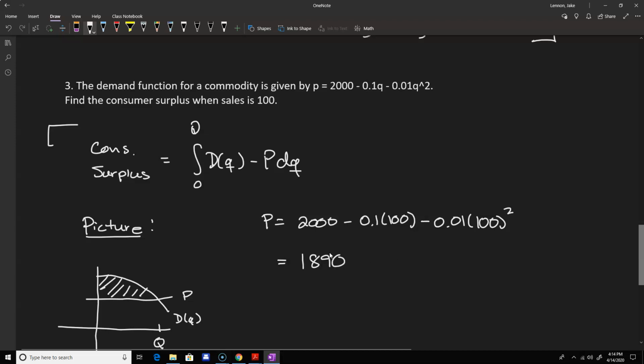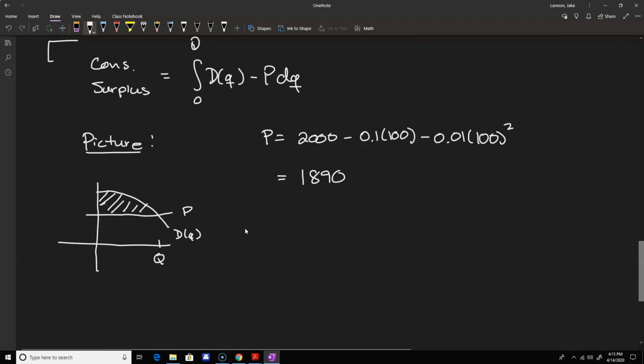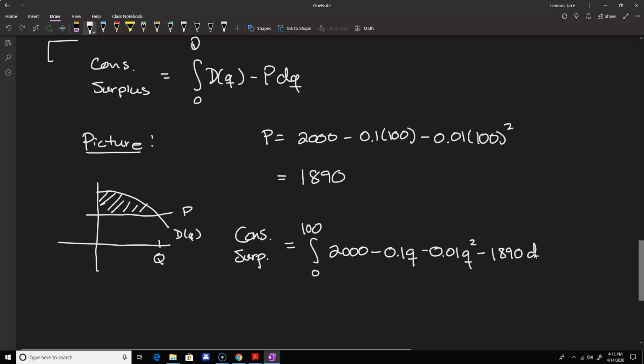So now we have the ingredients that we need to set up our consumer surplus for this particular problem. So the consumer surplus here is the integral from 0 to 100 of that d of q, which is 2,000 minus 0.1 q minus 0.01 q squared, and then we need to subtract the p-value that we just found, 1890 dq.